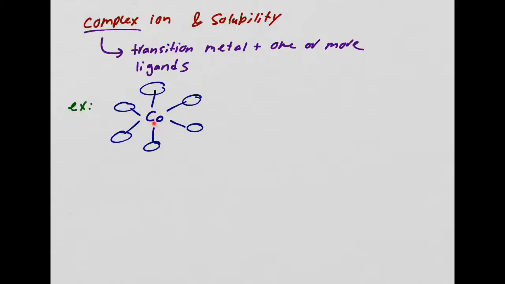So here's my transition metal cobalt, and it's surrounded by ligands. So this blue stuff that I drew, those are the ligands. Now the question is, what is a ligand? Let's go over what is a ligand. So again, you know what a complex is. A complex is when you have a transition metal that is surrounded by a bunch of ligands. Now, what's the ligand?